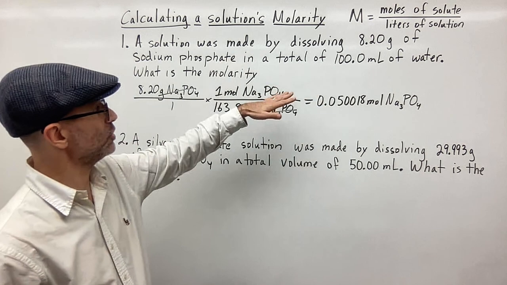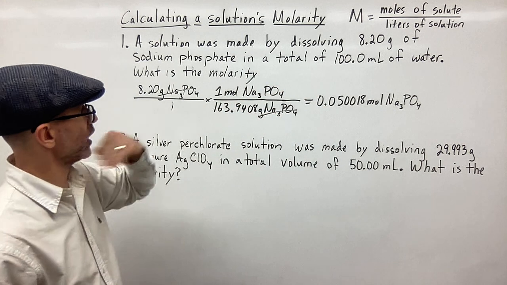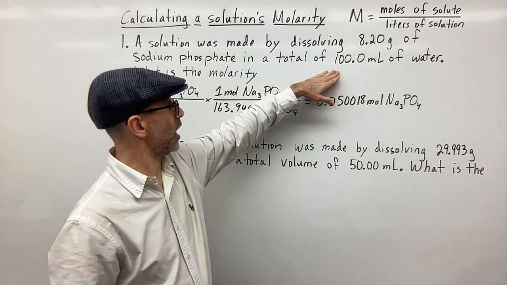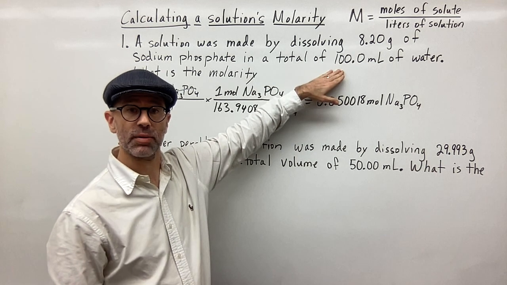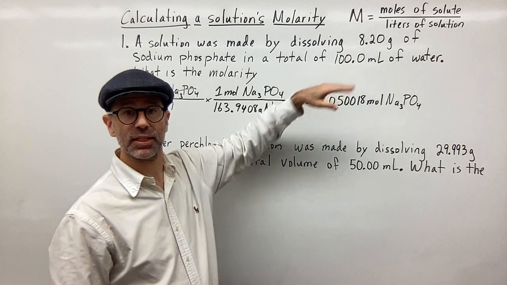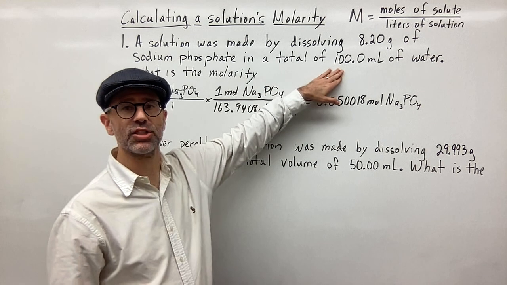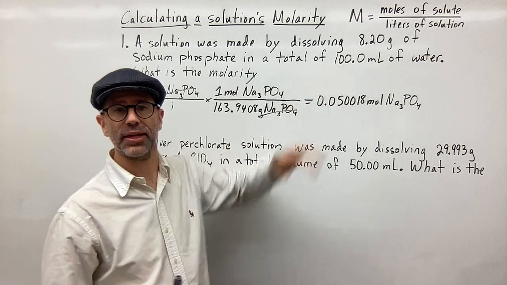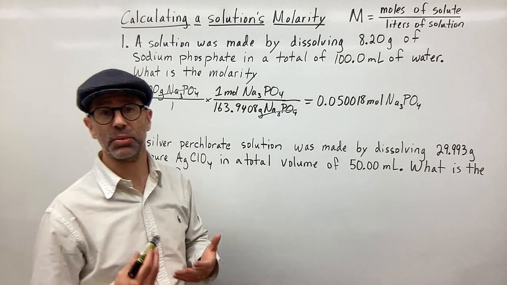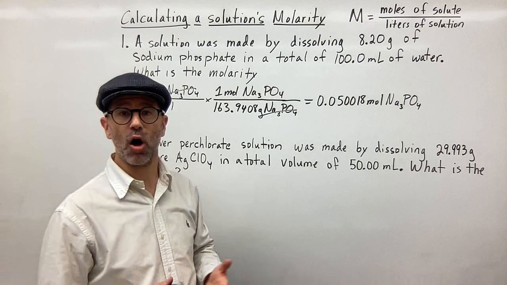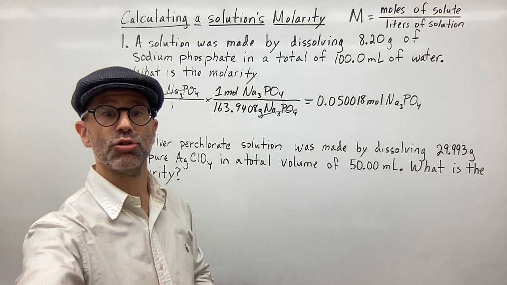I need liters of my solution. Now here they're giving me milliliters of water. So basically what they're giving me here is water, which is actually the solvent, but here I think we can assume that this is going to be the volume of the solution itself.